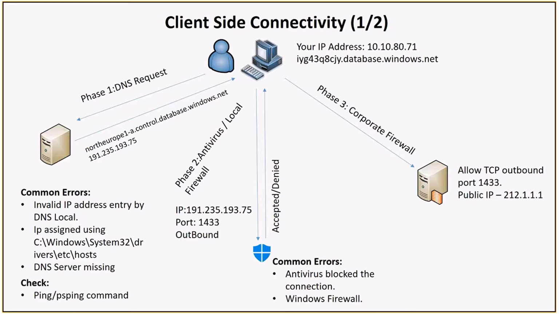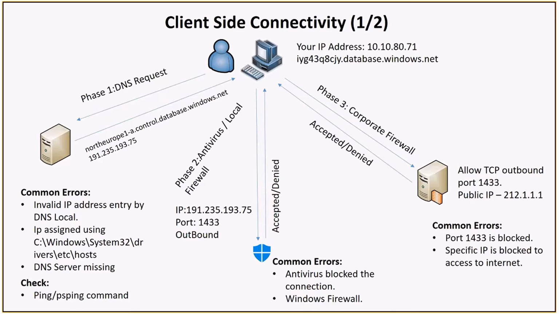And if we pass this phase successfully, then we go to the third phase, which is the corporate firewall. In this phase, it should allow TCP outbound port 1433 and the public IP address. If these 2 are not allowed or defined, the common errors for this phase are that port 1433 is blocked, or a specific IP is blocked from accessing the internet.